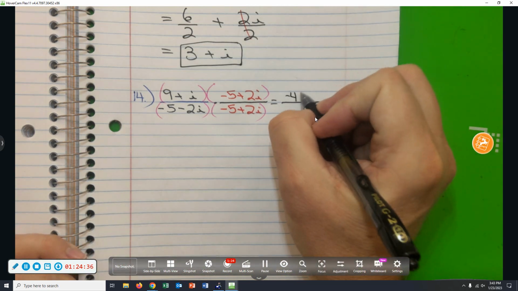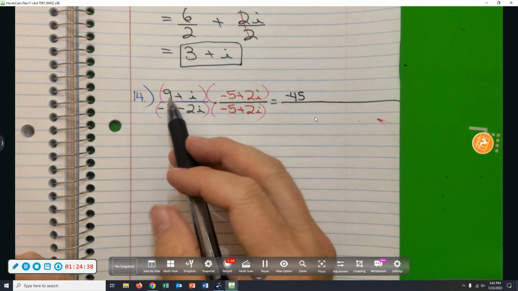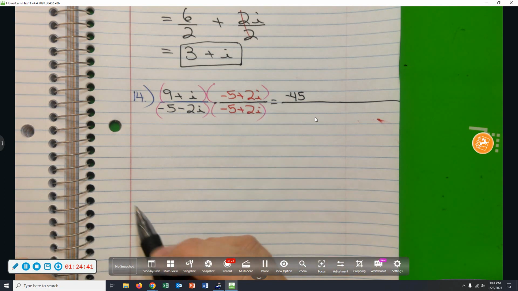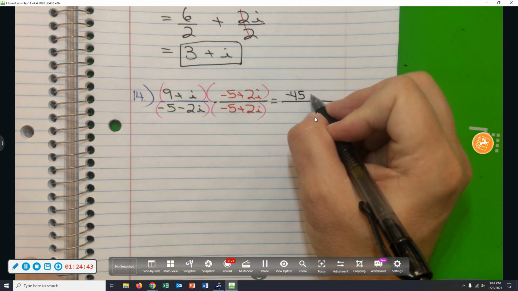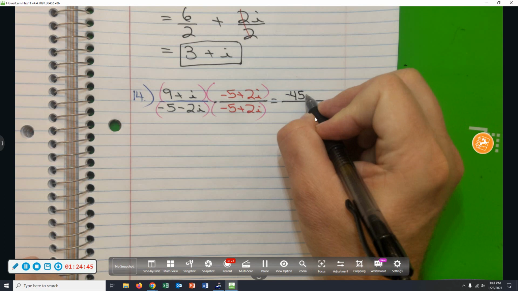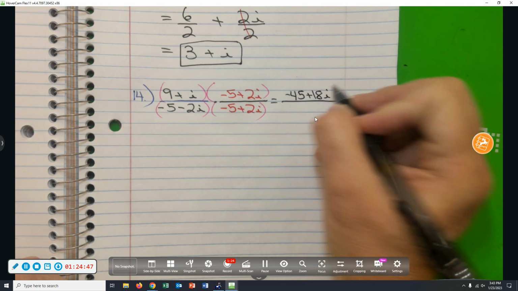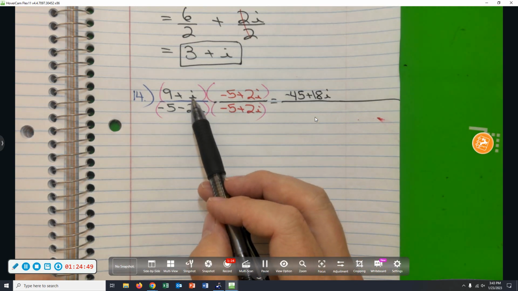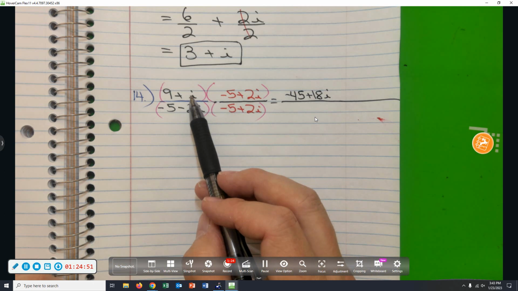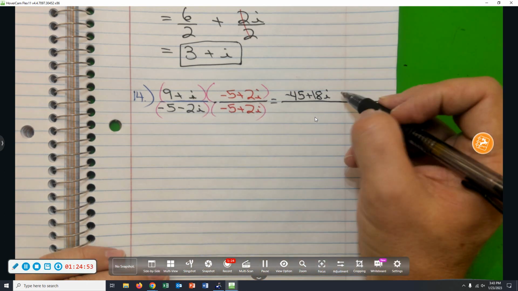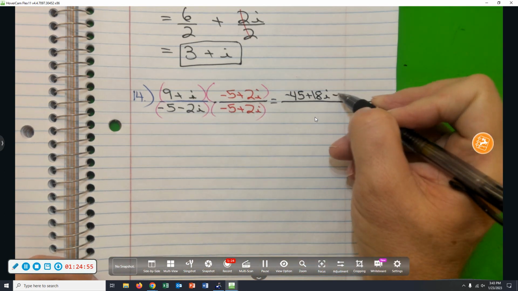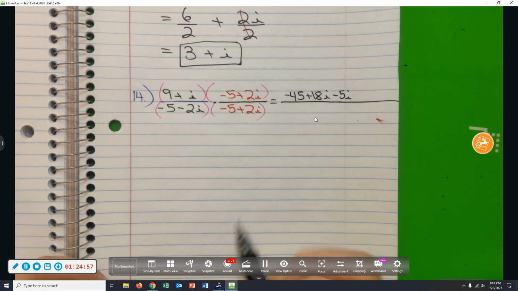negative 45. That's first. Outer, 9 times 2i, 18i. What about inner? Positive i times a negative 5 gives me negative 5i.